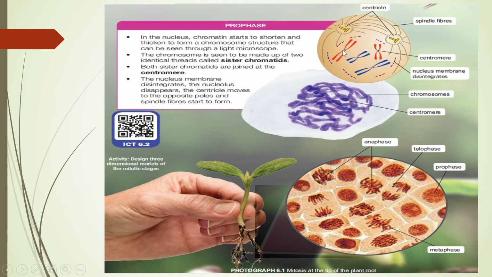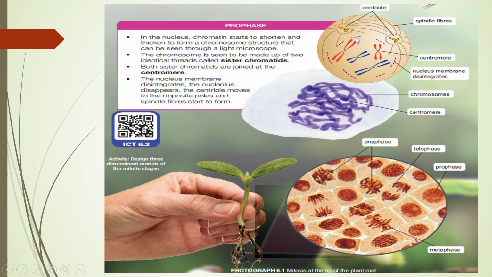So very simple, you just count the centromere. Meaning this is considered one chromosome, but it is in the duplicated manner where it is now seen as the sister chromatids attached together at the centromere. So the nuclear membrane disintegrates.